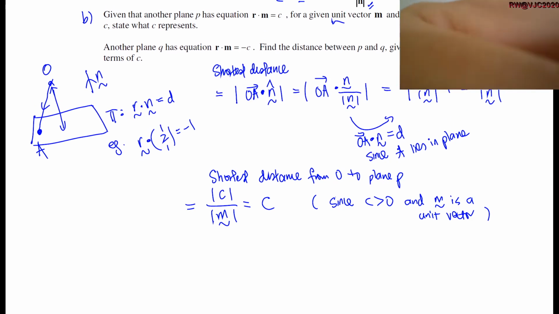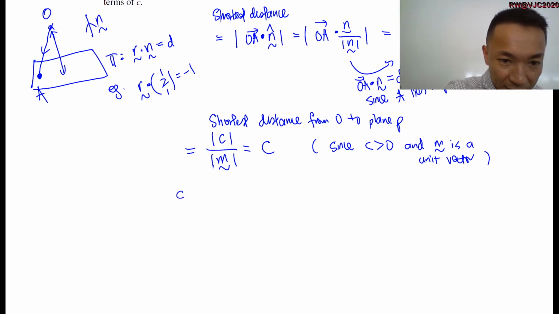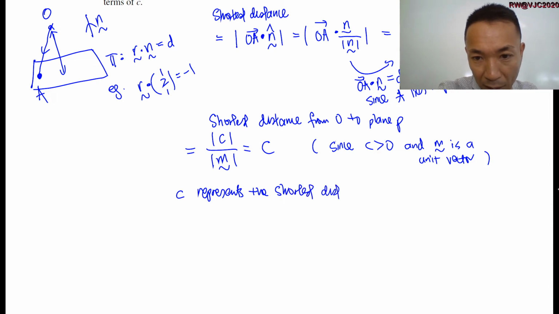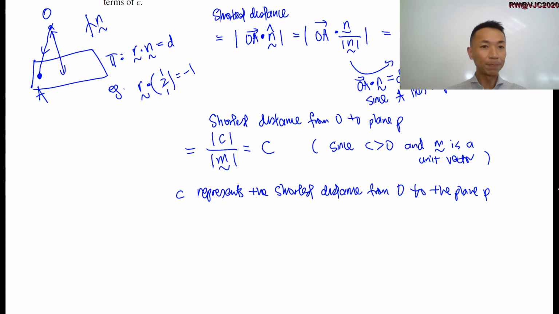So what does c represent? Just answer the question. c represents the shortest distance from O to the plane P. Done.